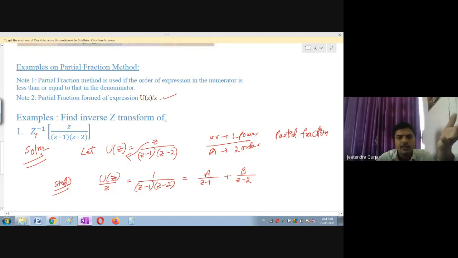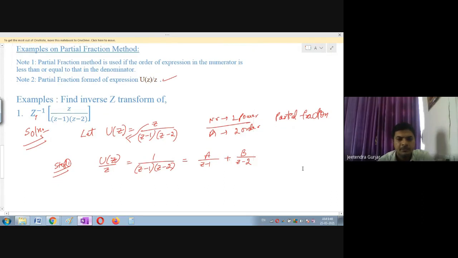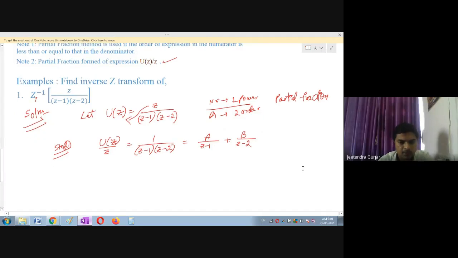So how should I write? A divided by Z minus 1 plus B divided by Z minus 2. So I have just split this denominator and written it. Now you have to find A and B. Please tell me what is the answer of A and B. Please try, students. How will you simplify this?